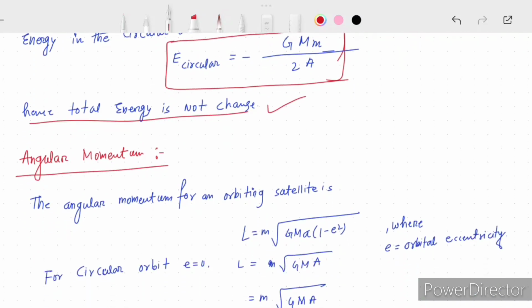But what happens in the case of angular momentum? When a satellite moves in an elliptical orbit, it has angular momentum L equals small m root under G capital M A times 1 minus e squared, where e is the orbital eccentricity and A is the semi-major axis.